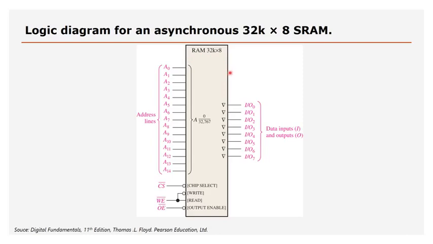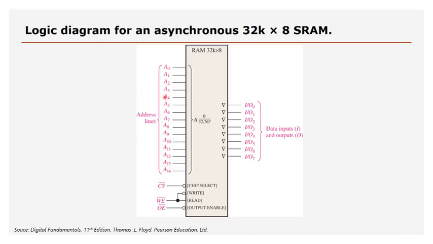Some maybe are missing some of these buses, but the RAM as it stands here basically is a good example of what different types of buses you can get. So first of all, we get address lines, which is normally connected to the address bus, and this address bus will be connected to your microcontroller. Doesn't matter which type of microcontroller, that could be a PIC or an 8051 or whatever, but there's an address bus.